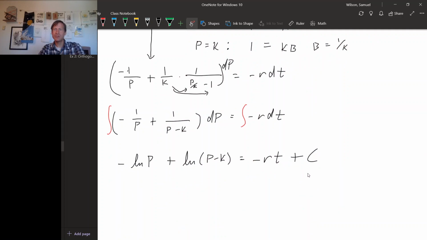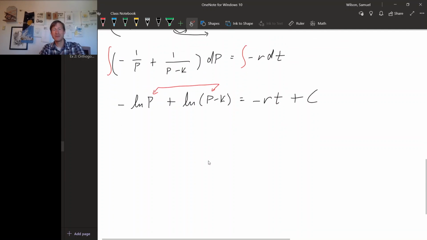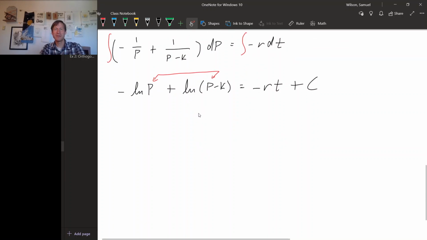Now, we need to solve this for p, so we're going to have to get these two occurrences of p, here and here, together somehow. Since they're in separate logs, we'd better at least put them in the same logarithm.